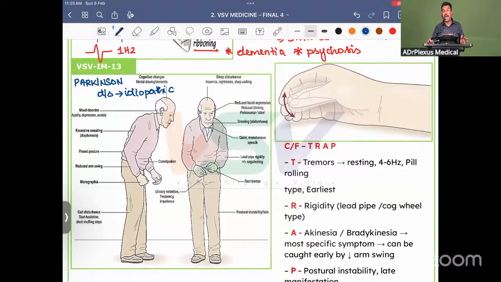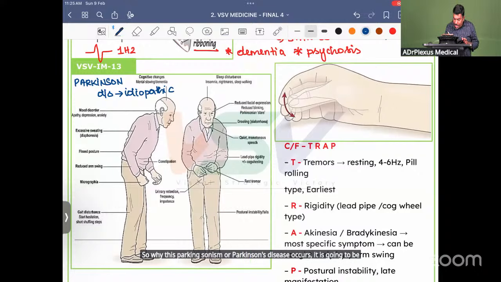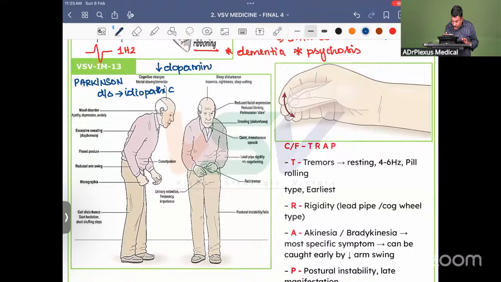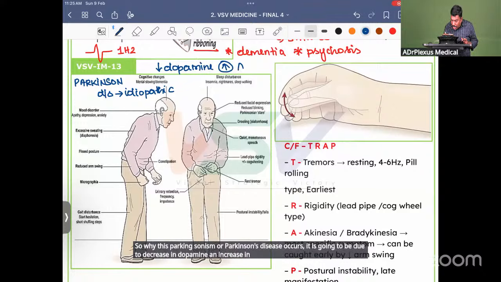So why does this Parkinsonism or Parkinson's disease occur? It is going to be due to a decrease in dopamine and an increase in acetylcholine. Whenever there is a decrease in dopamine, the patient is going to have slowing of movements.